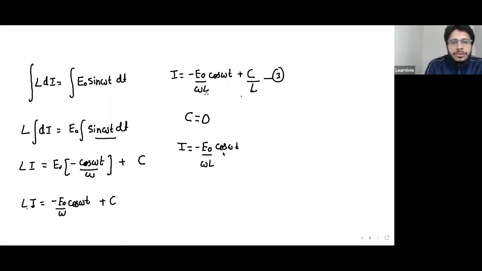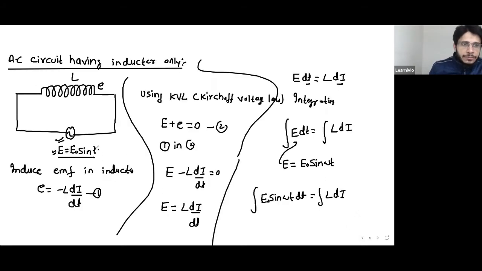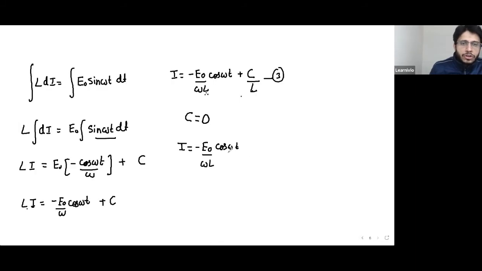Now, the next step is you have to convert this cos omega t in terms of sine omega t, because your EMF is in terms of sine. So to convert your current also in terms of sine, you can write cos omega t as sine of pi by 2 minus omega t.